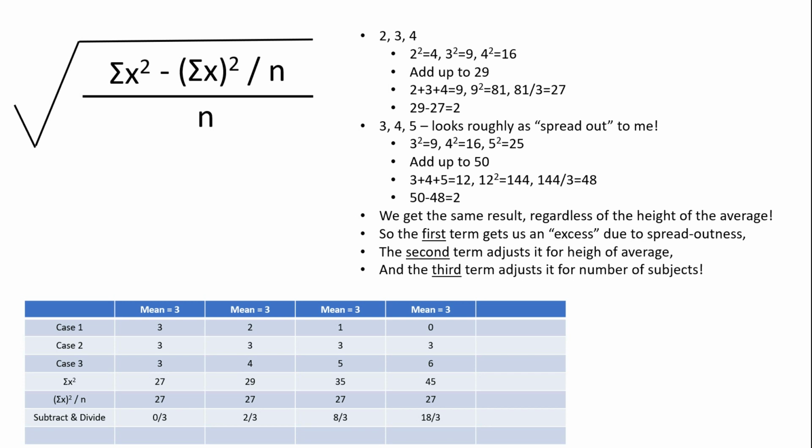And then when we divide the whole mess by n, we adjust it for how many subjects. So we could get a higher total just by adding more subjects, but when we do the last divide by n, we get this residue divided up per person. And then we take a square root because we got all this by squaring.